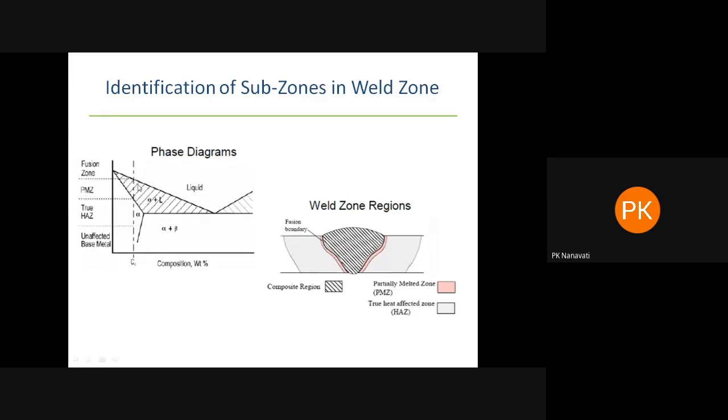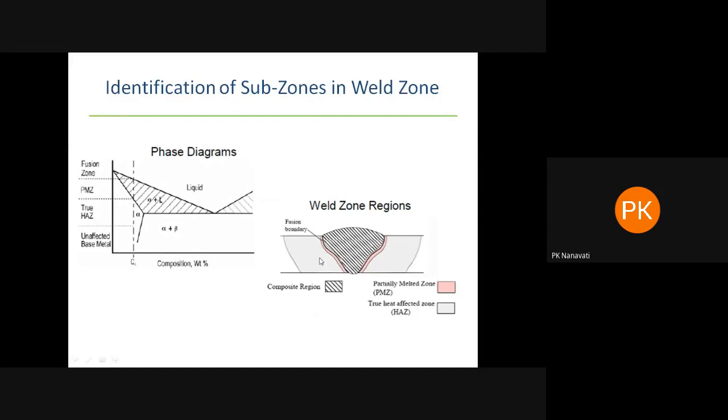Then between the liquidus and solidus lines, you have a solid plus liquid structure, and that is your PMZ, your partially melted zone. This zone involves partially melted grain boundaries, and many metallurgical phenomena are associated with it, sometimes knife line attack, sometimes cracking. And just beyond the partially melted zone, you have the true heat affected zone.